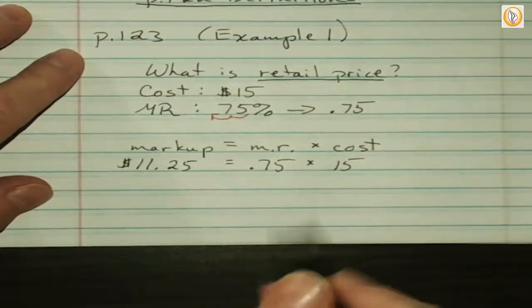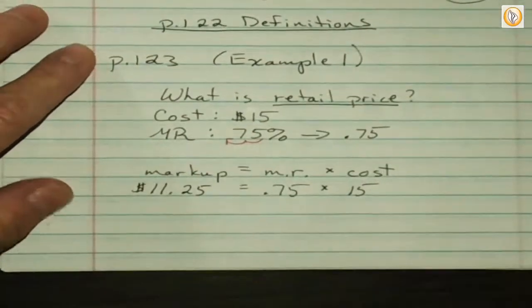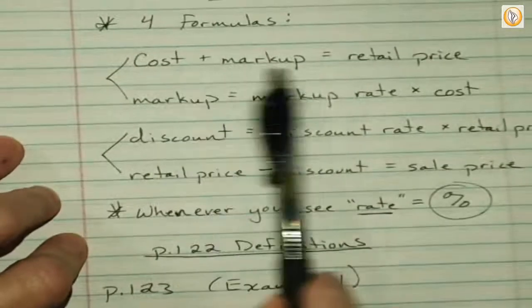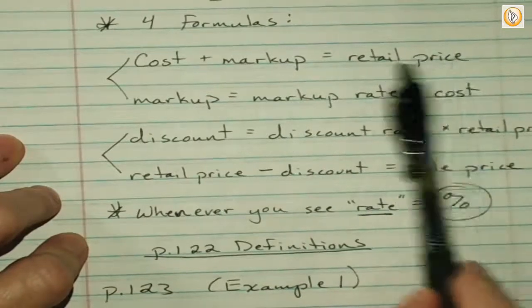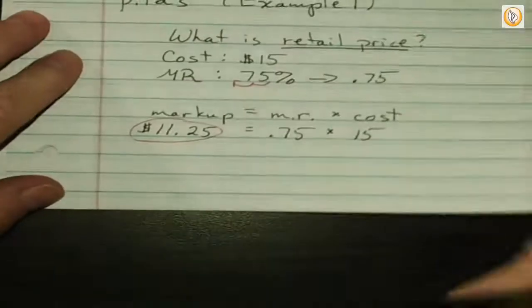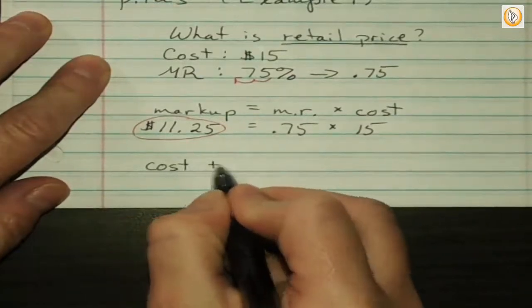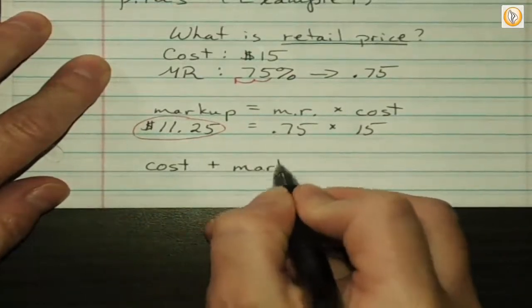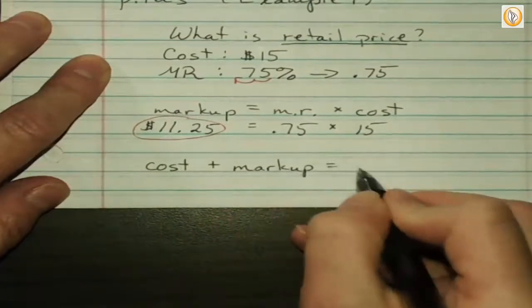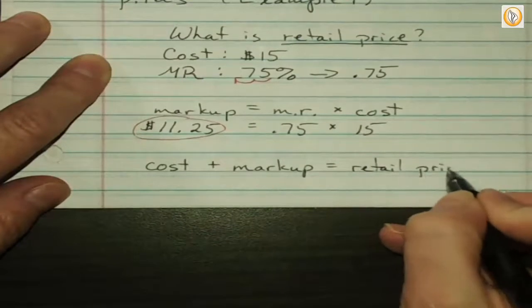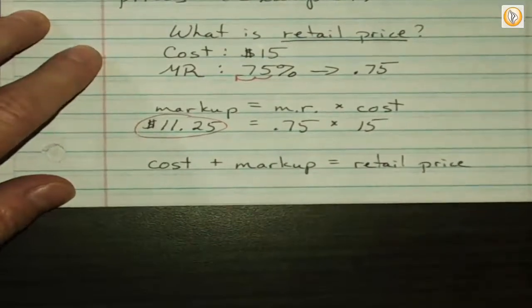$11.25. Now that we have the markup, we can go back to this one, plug it in so we can find retail price. That's why sometimes you're going to use both of these. So we're using this formula because the ultimate question was, what's the retail price?